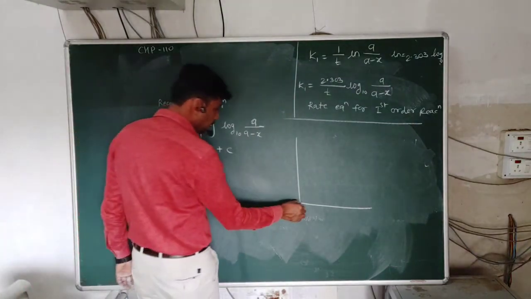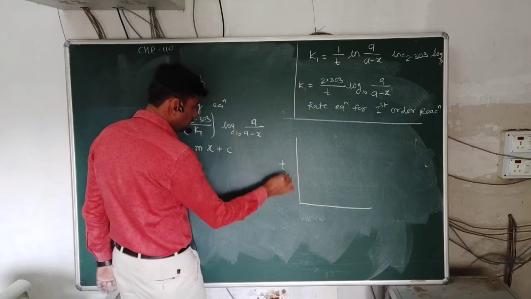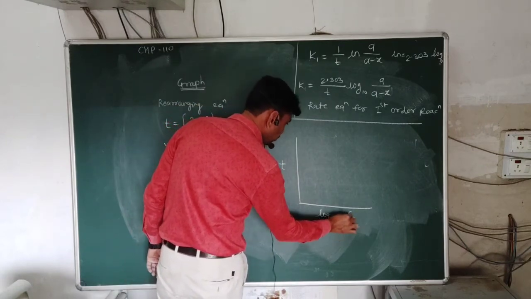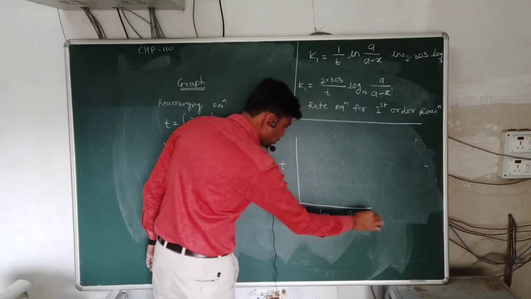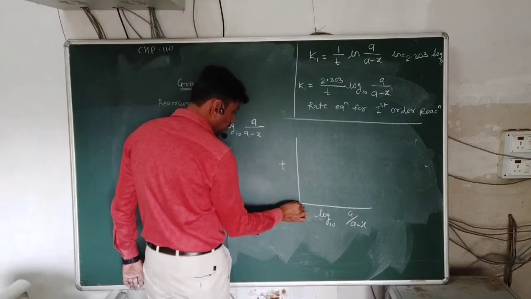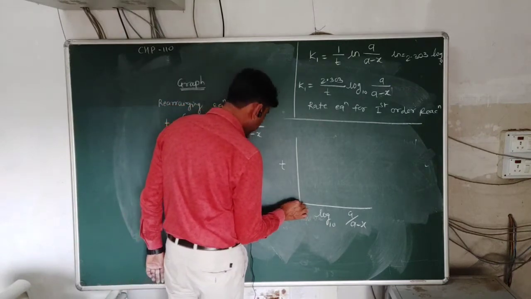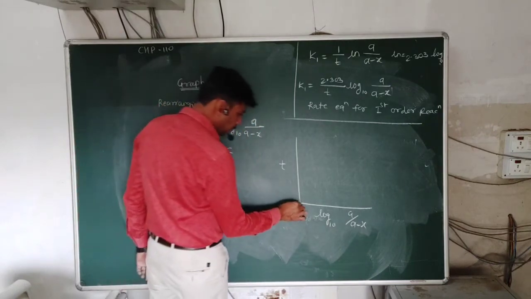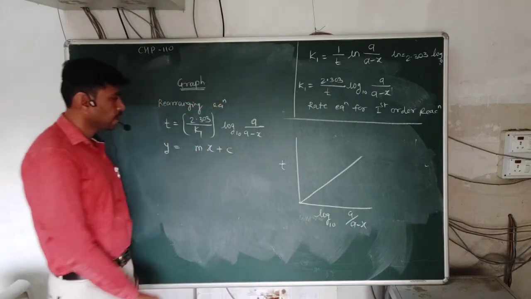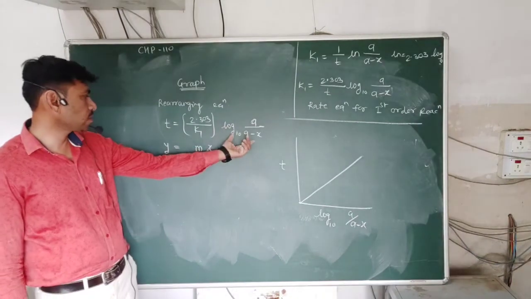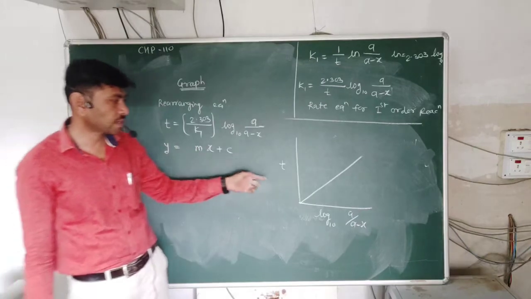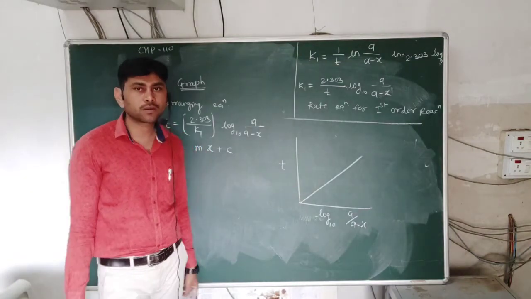The graph of t against log to the base 10 of A upon A minus x starts from the origin, because the intercept is 0, and as time increases, there is an increase in this concentration term.